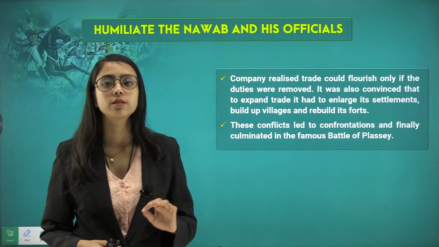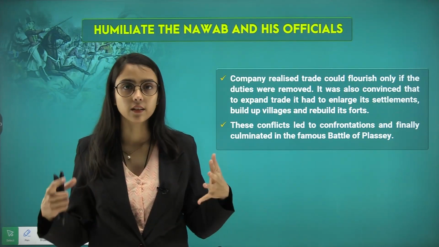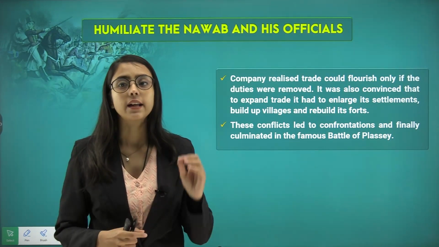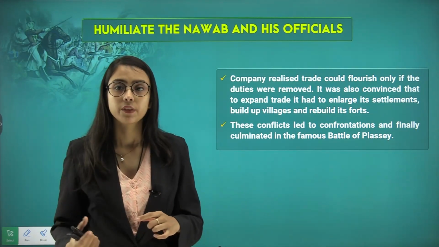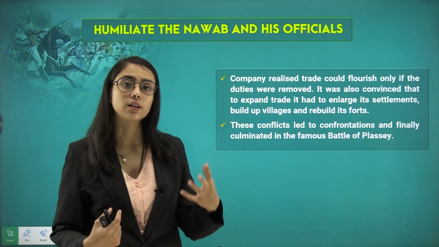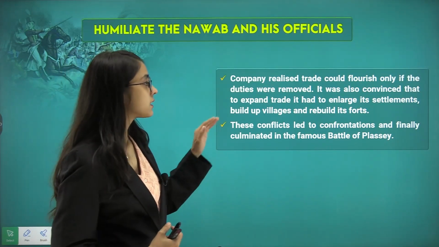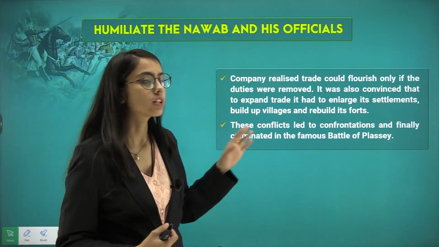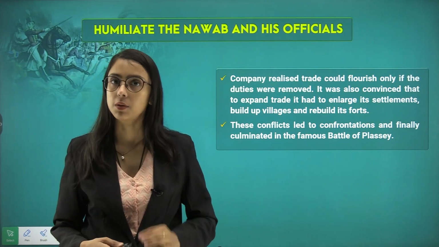The company was convinced that to expand and grow their trade and business, it had to enlarge settlements and land. So they started buying villages, and they started to build and rebuild fortifications and forts. These conflicts led to confrontations and finally culminated in the famous Battle of Plassey.